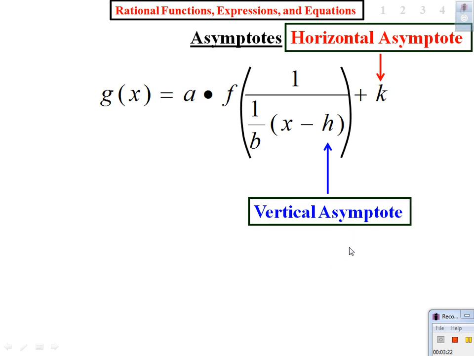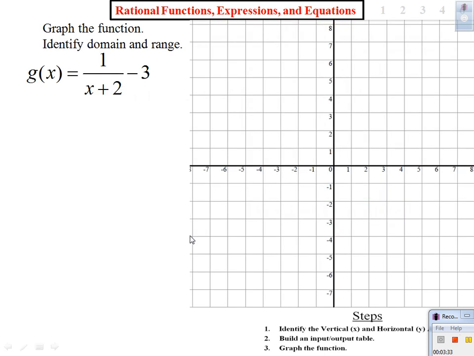So once again, this is how we get our vertical and our horizontal asymptotes. Just by looking at it, we're like, oh, there it is. So tell your neighbor the vertical and the horizontal asymptote of that one.